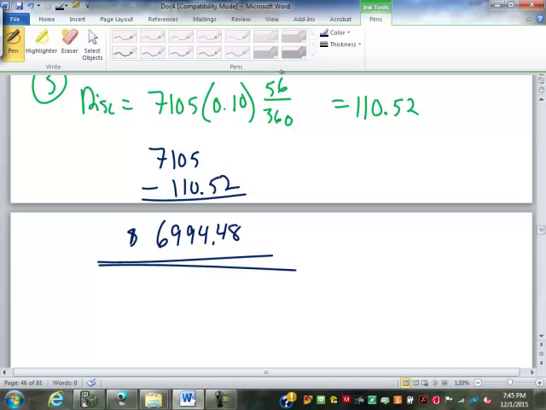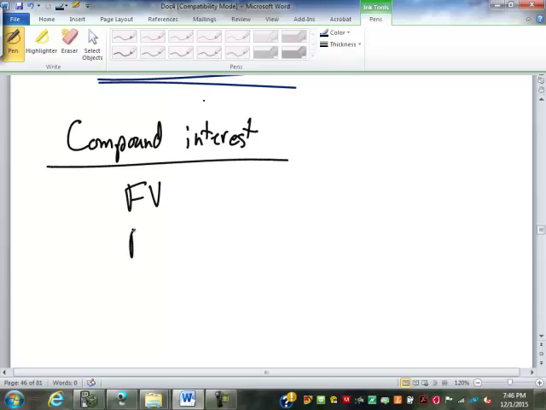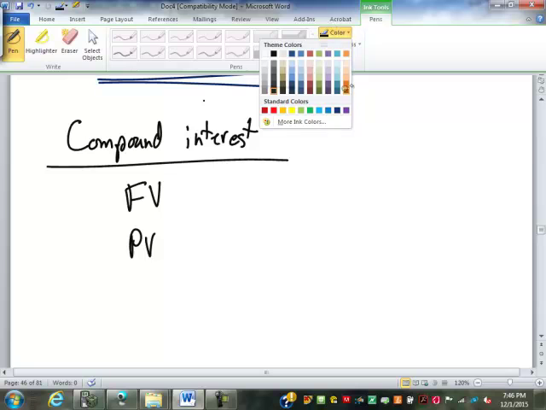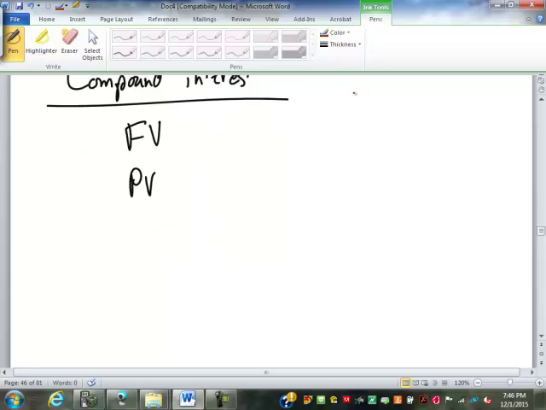So those are the main things from simple interest and simple discount notes. Next, you'll have compound interest. You need to be able to find both future and present value. The tricky piece there is effective rate.